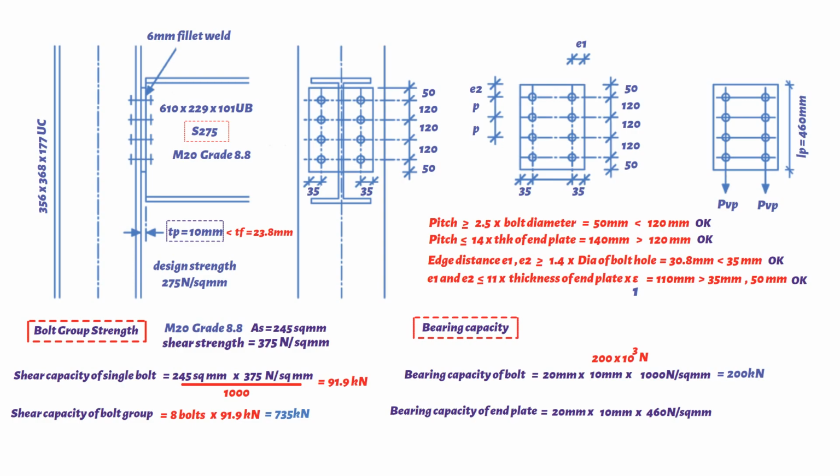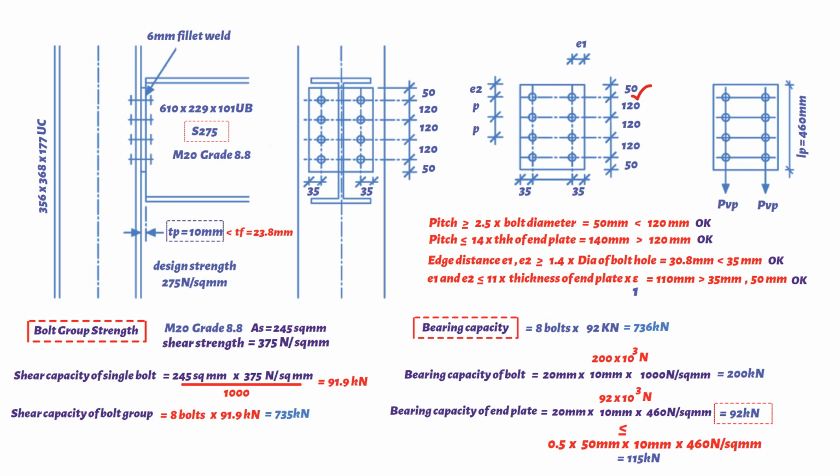This gives us value of 92 times 10 to the power of 3 Newton, divide by 1000, we get 92 kilonewtons, which it should be equal or less than 0.5, times end distance 50 mm, times end plate thickness 10 mm, times bearing strength of end plate 460 Newton per square millimeters, which is 115 kilonewtons. Hence, the bearing capacity of connection equals 8 multiplied by 92 kilonewtons. This results in a value of 736 kilonewtons.